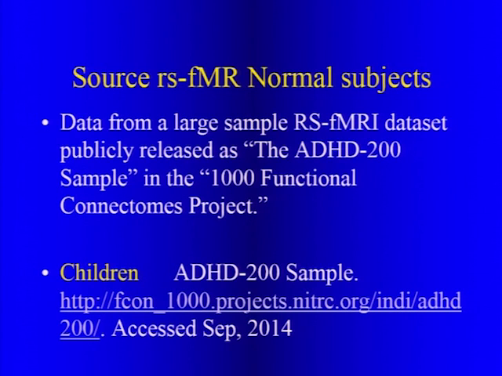There's only 200, but 200 of this 1,000 are children, and you can get this online and download it, which we've done, and we're looking at that to give us this normal cohort to be able to tell the difference between a normal default mode and a diminished default mode, and so this has been very helpful.